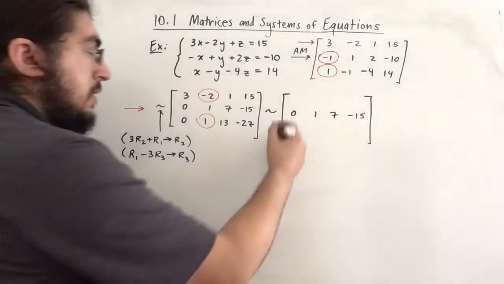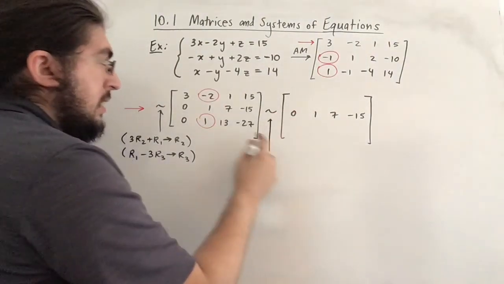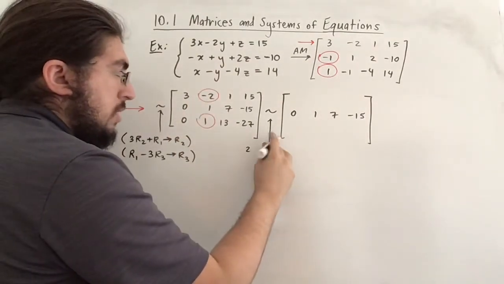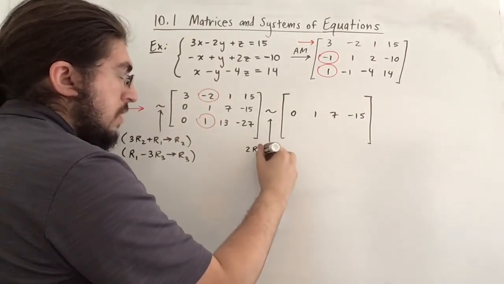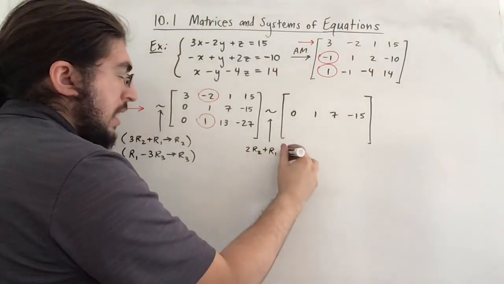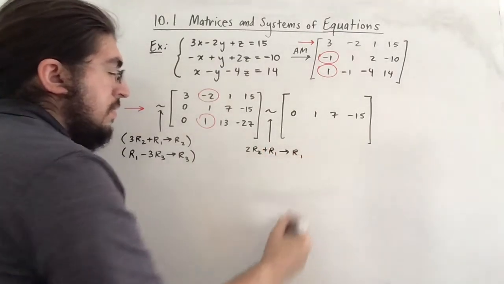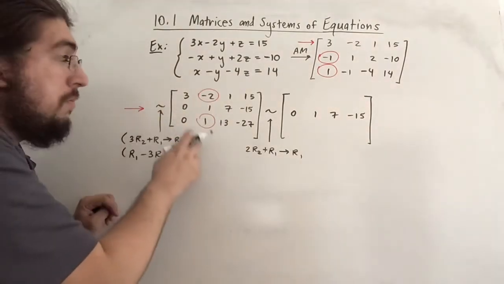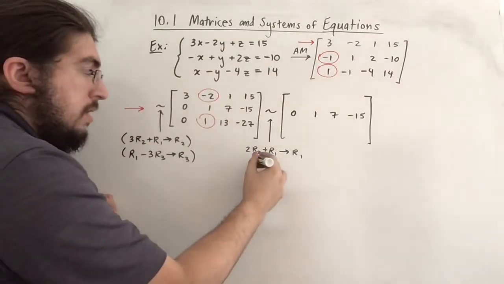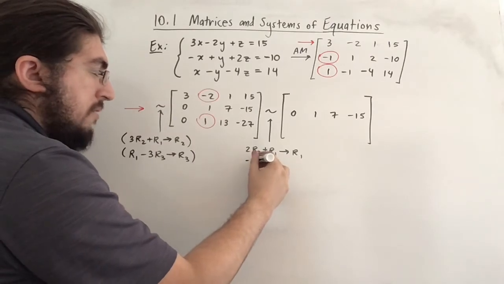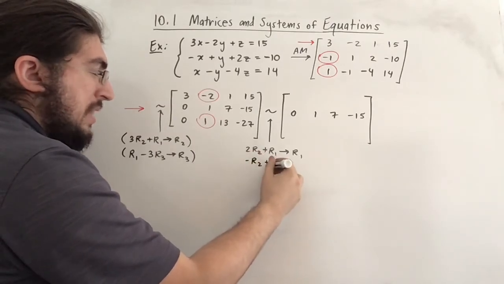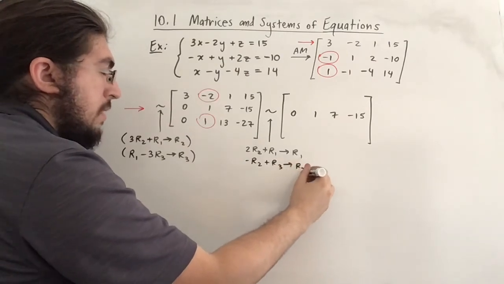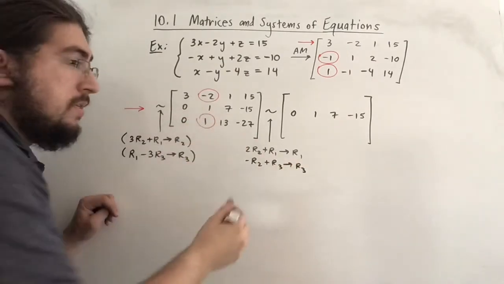Good. So now to zero this out, I need to multiply row 2 by 2. So this will be 2 times row 2 added to row 1, and that'll be the new row 1. What about for row 3? Well, if you multiply row 2 by -1 and then add that to row 3, that will give you the new row 3, because that'll cancel out this 1 and make it a 0.